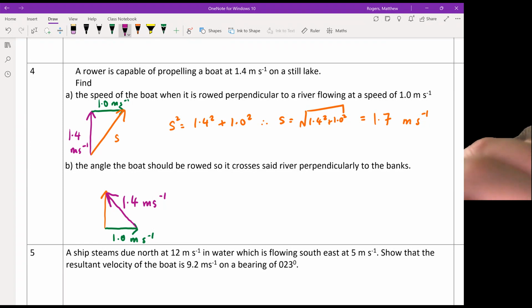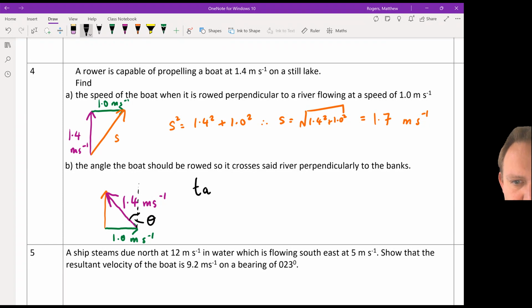Once we've set this up, we then just have to decide how we're going to define this direction. I think the usual way to do it would be with this angle here, theta, the angle from straight across the river. So if we want to describe this, we're going to need to use the tan function.